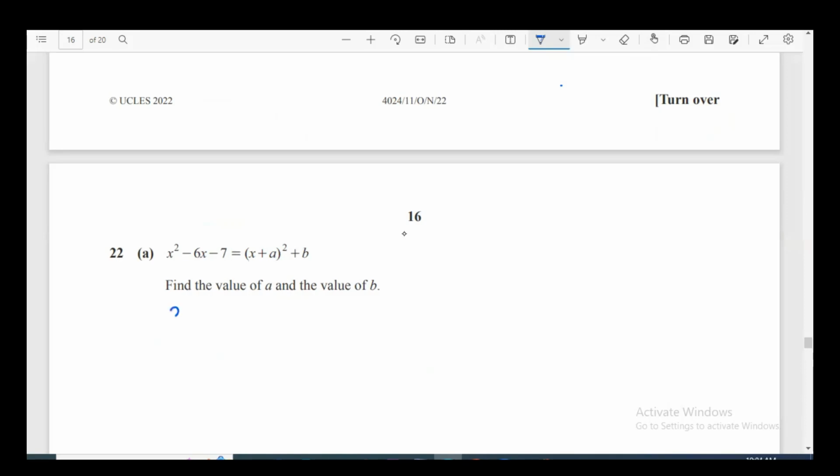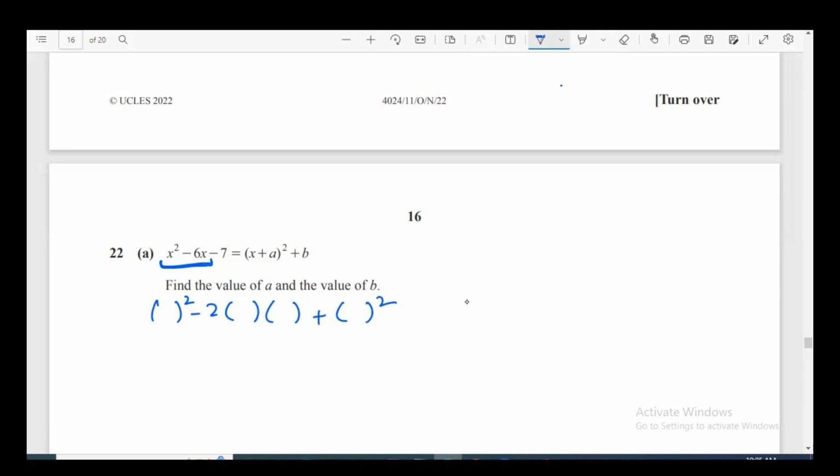x square minus 6x, these are the two terms, converted into three terms. So write down the empty parenthesis here, which is a square minus 2ab plus b square. But x square minus 6x are two terms, and they need to be three terms: first, second, and third.